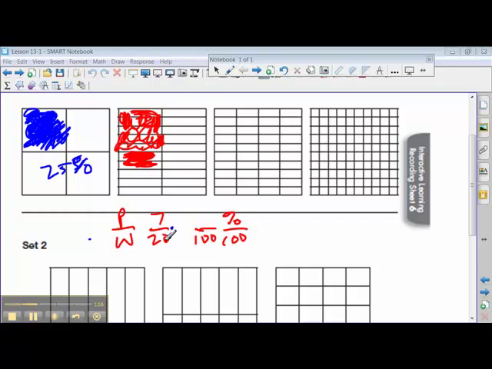We use the magic 1 again. 20 times 5 equals 100. So if I multiply that by 5, I have to multiply this by 5. And 7 times 5 equals 35. So my percent here is 35%. So percent means to compare something to 100. So you have to change your percent to 100.